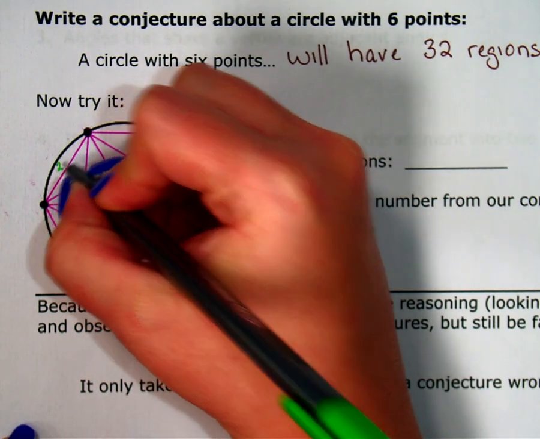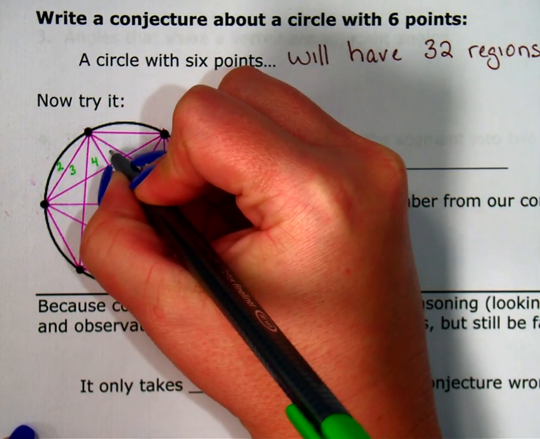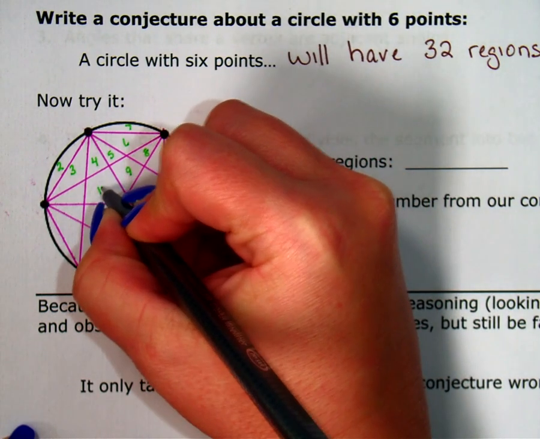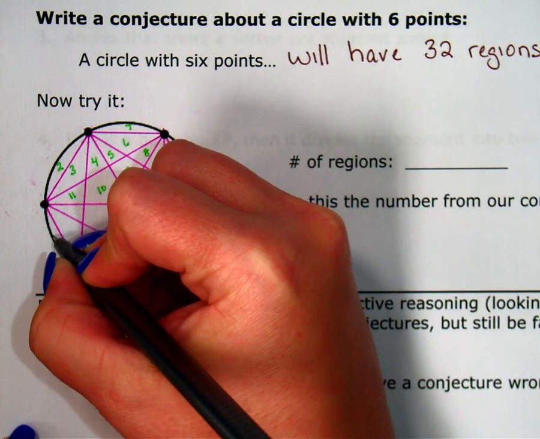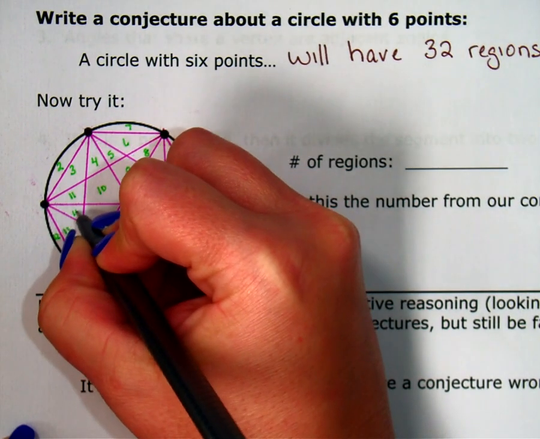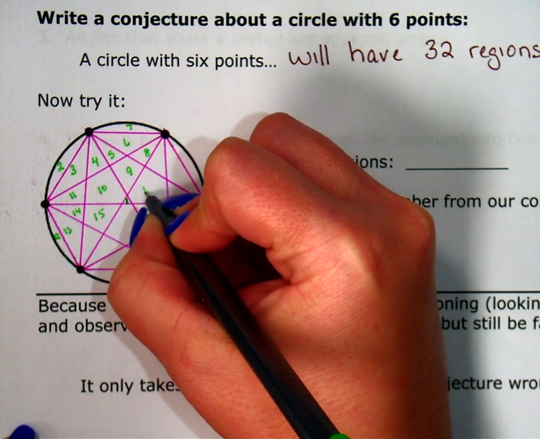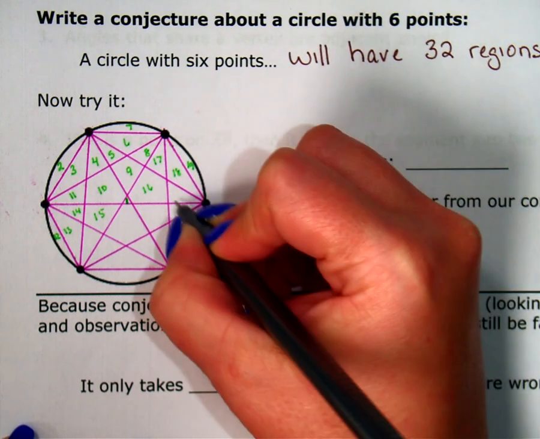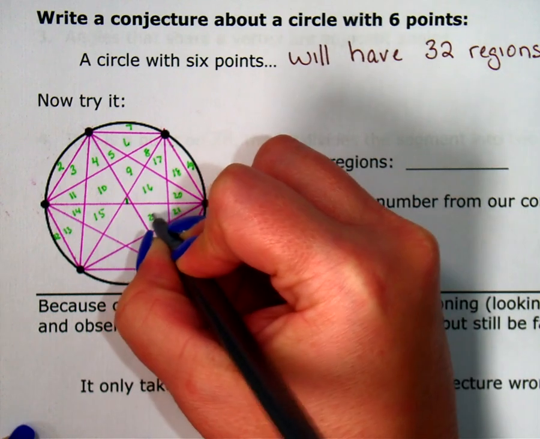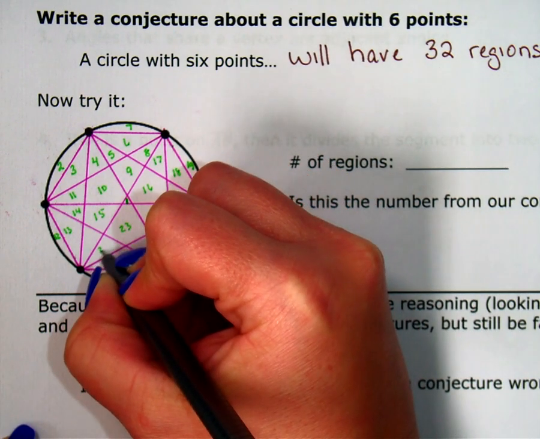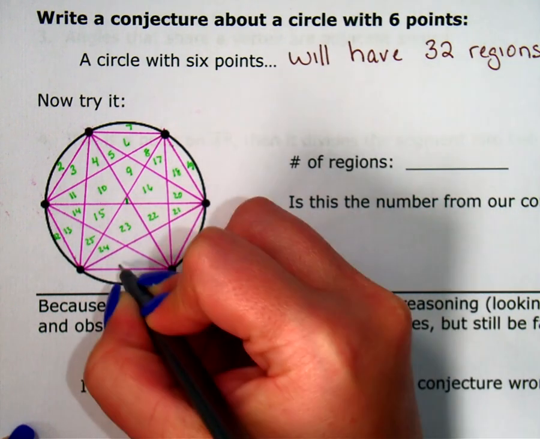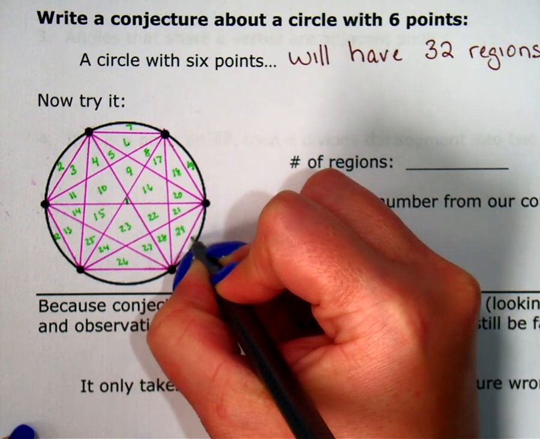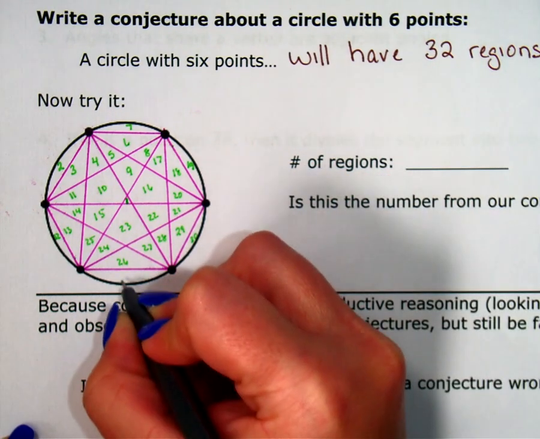2, 3, 4, 5, 6, 7, 8, 9, 10, 11, 12, 13, 14, 15, 16, 17, 18, 19, 20, 21, 22, 23, 24, 25, 26, 27, 28, 29, 30, and 31.